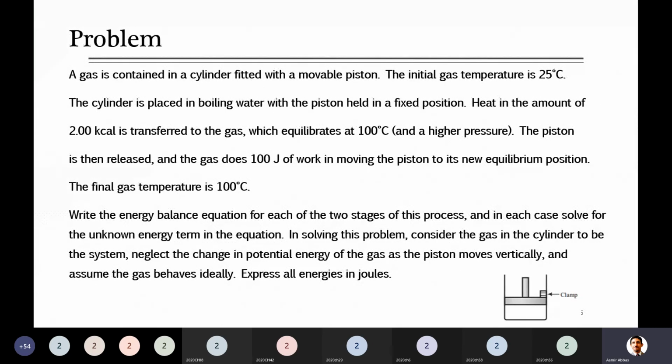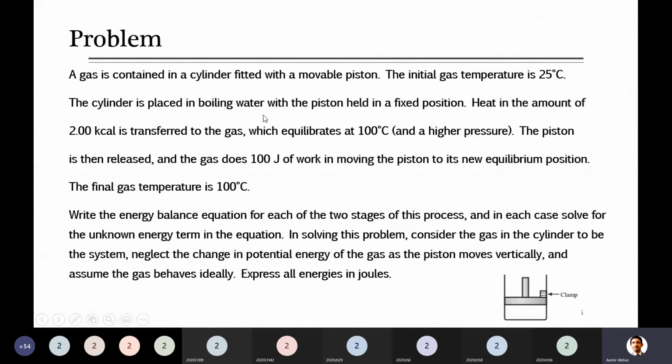Because if you remember, we discussed what are closed system and steady and unsteady state closed system, and at the end of that discussion we solved this one problem. There is some gas available at 25 degrees C in some cylinder.